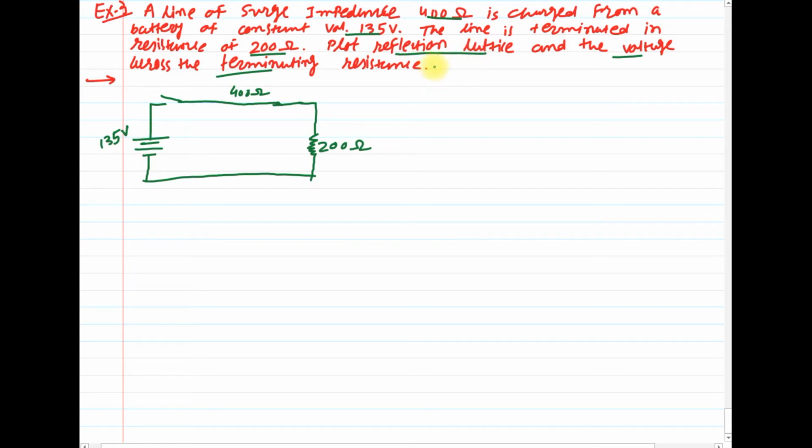One more thing, it is given over here that we consider the reflection coefficient at the battery end.